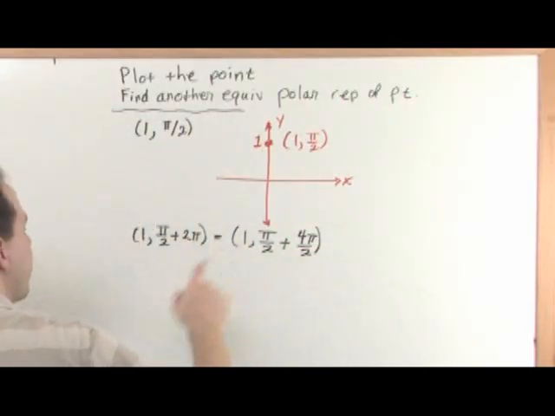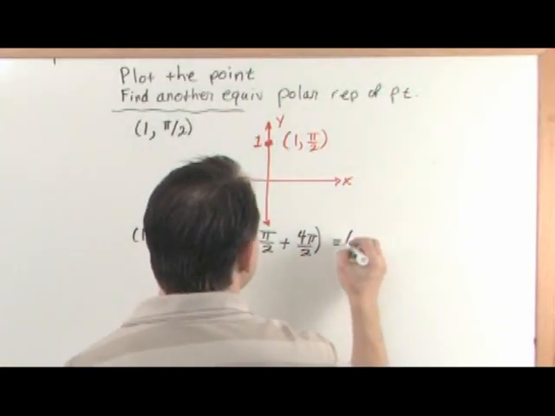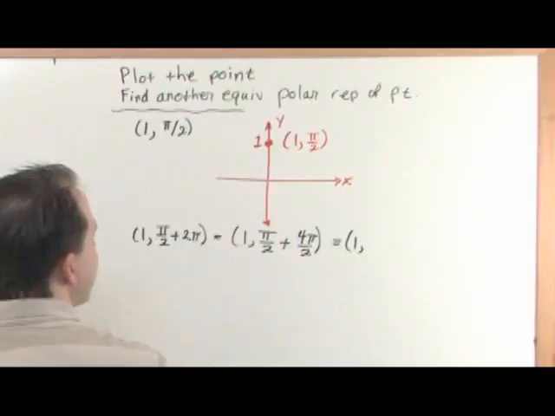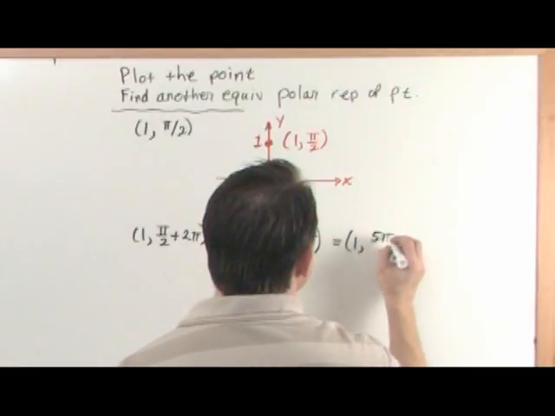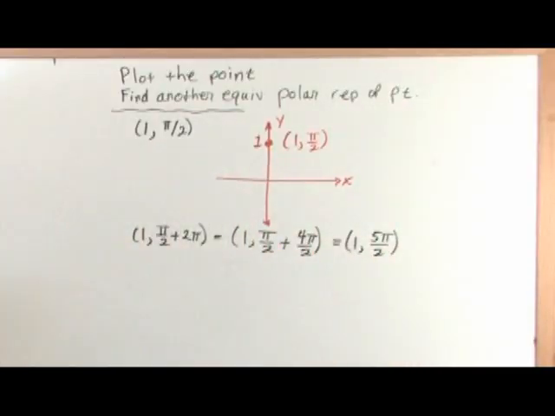So 2 pi is 4 pi over 2. I just rewrote it so I could add them up. And this is going to be equal to 1 comma 5 pi over 2. The question just said find another representation. It didn't say find them all, because you can't find them all. You'll be going on and on forever.